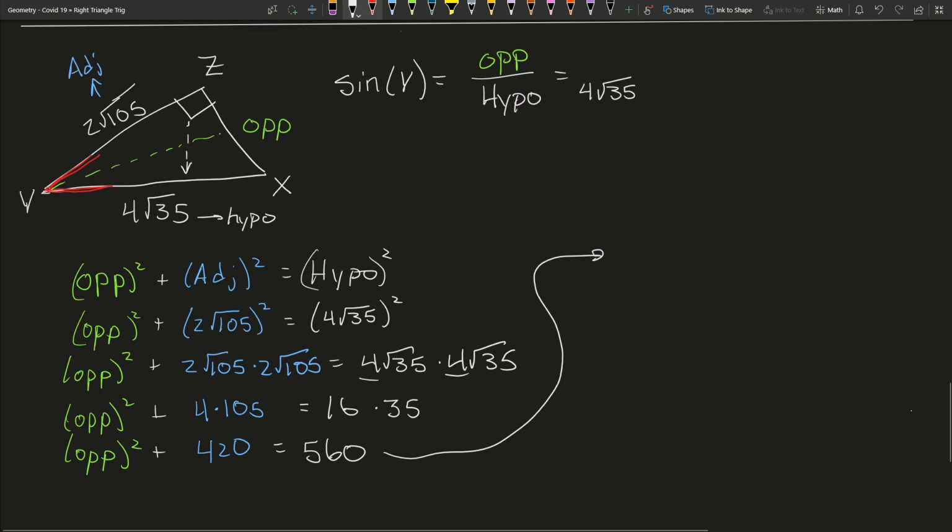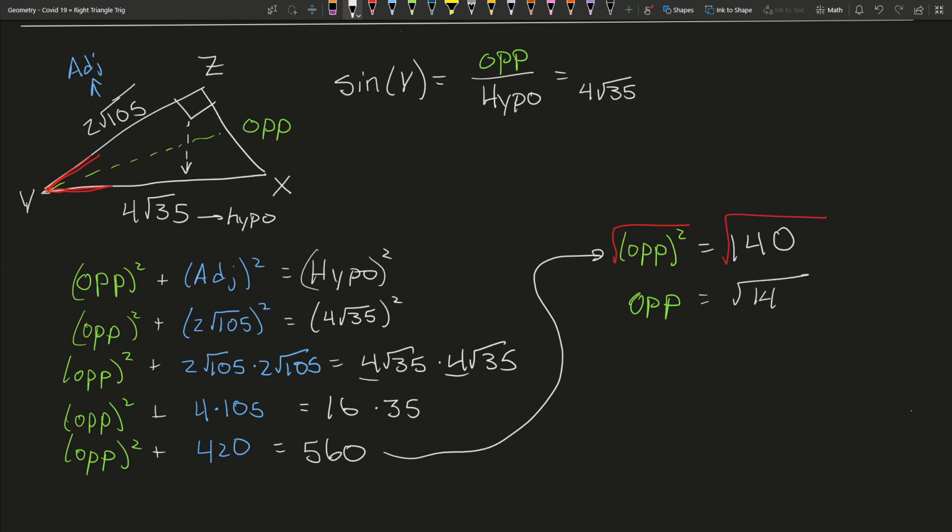So if we subtract 420 from both sides, we get 140. And then we need to take the square root of both sides. That cancels out the squared. And we have to simplify the square root of 140.